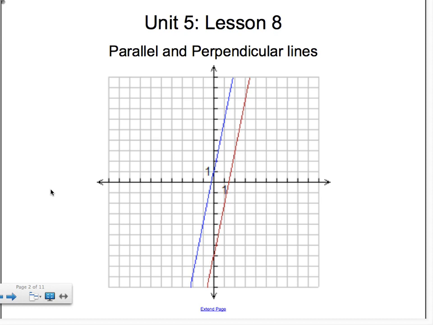What was the other form that we learned? Slope y-intercept form, right? Which is?